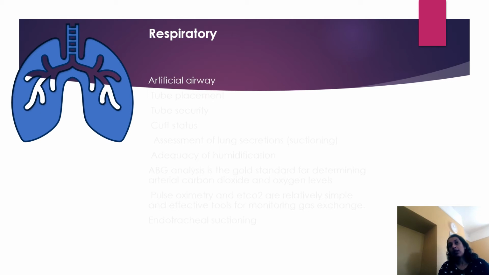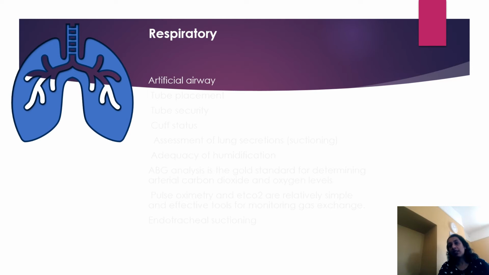You can see what type of airway, tube placement, tube security, cuff status, assessment of the lung secretions, adequacy of humidification. That is, if the patient's ventilator is on a wet circuit or a dry circuit, whether it needs to be changed from dry to wet, or we also check the humidifiers and the filters.